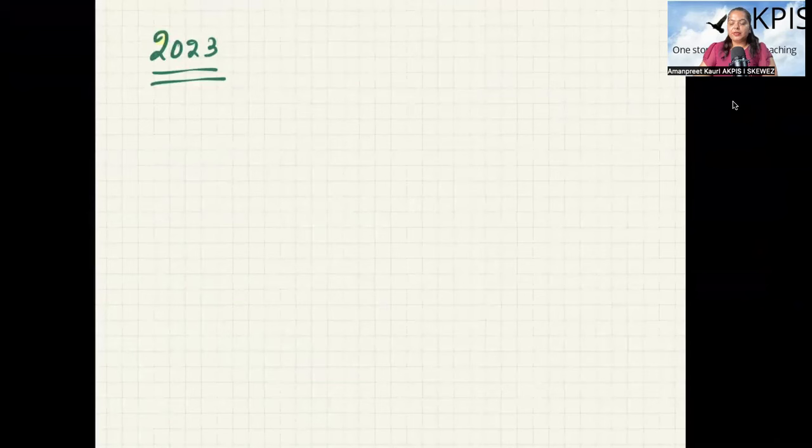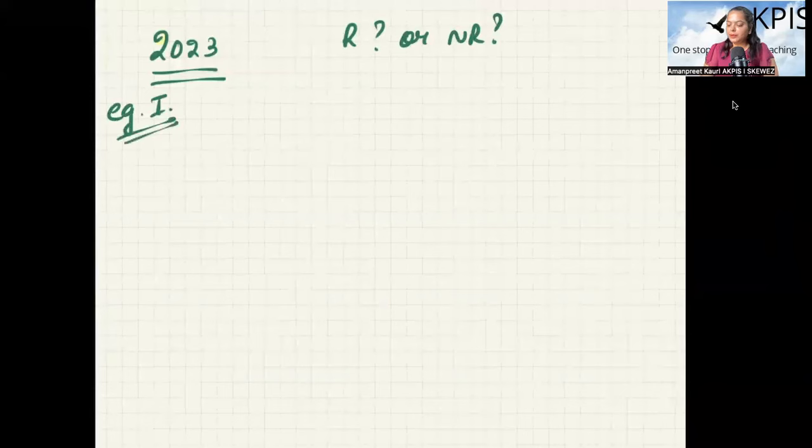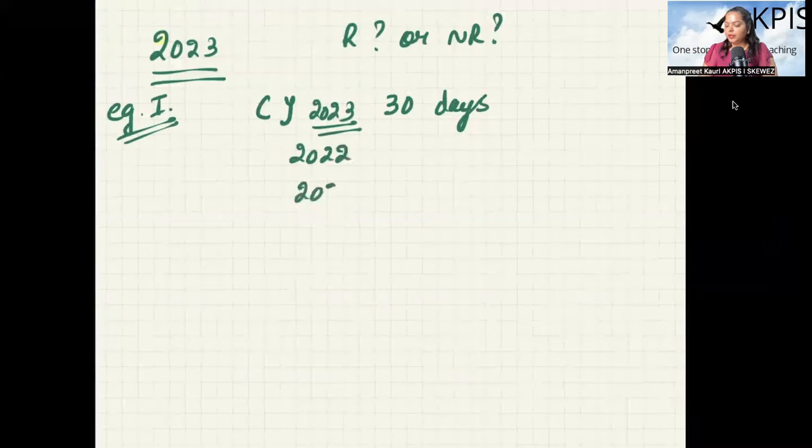as to whether the person is a resident or a non-resident. Let's take example number 1. For example, if a person is there in the current year, 2023, for let's say 30 days, and for 2022 and 2021, let's say 100 days and 83 days.